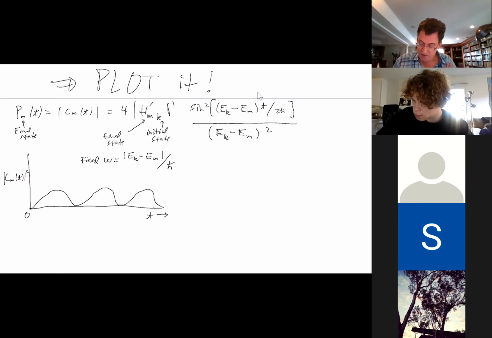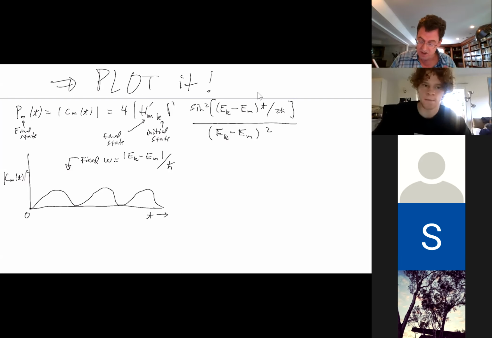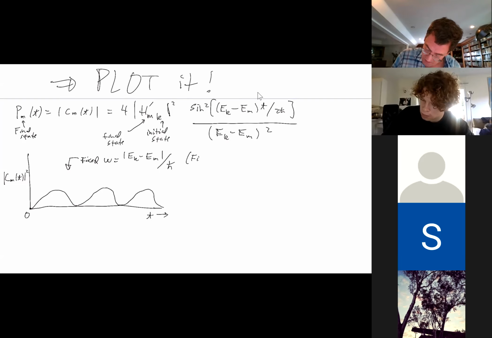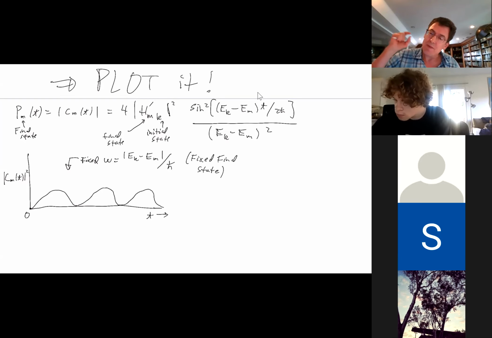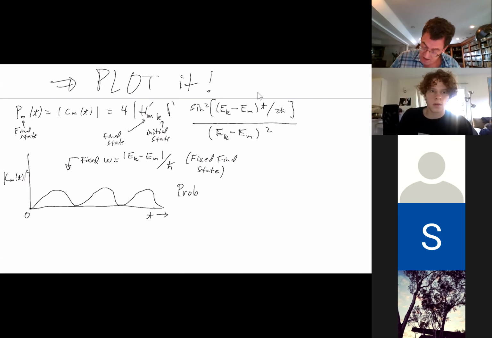All right, so if we consider a fixed final state, and we have some particular initial state, then the probability that we end up in that final state oscillates in time. So that's a really interesting result. It's not obvious. The probability oscillates in time.